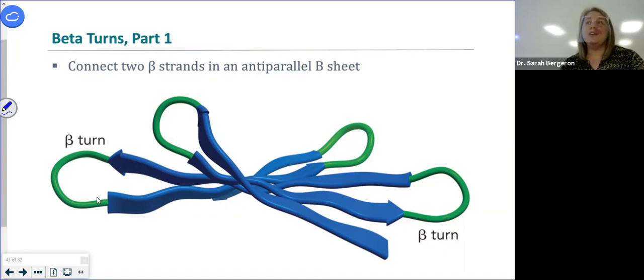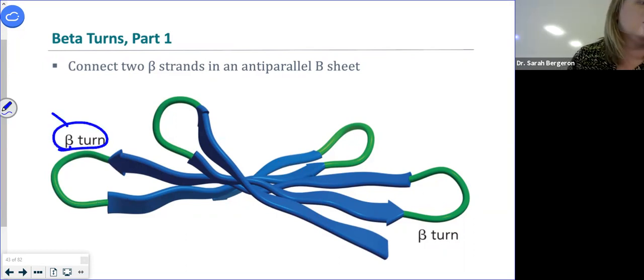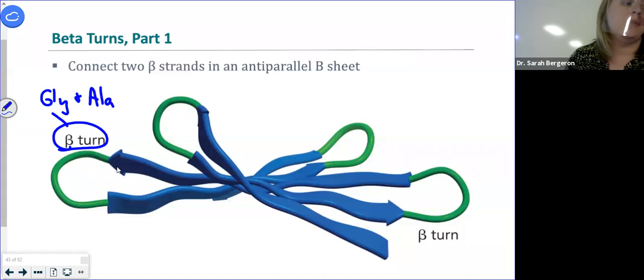So the beta turns are much more unstructured, and we tend to have very small amino acids in these beta turns. So what are my small amino acids? Glycine, what else is also small? Alanine, right? Glycine is what for an R group? Just a hydrogen. Alanine is a methyl group, right?